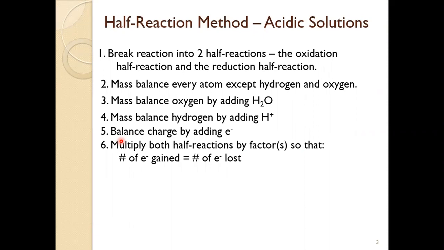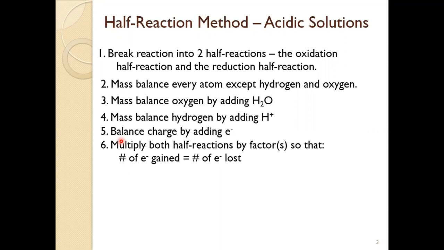So in order to make sure these numbers are the same, I have to multiply one or both of these half reactions by some factor to ensure that this number is the same as this number. So if I have 2 electrons lost and 1 electron gained, I want to make sure I have 2 electrons gained, which matches the 2 electrons that I lost.